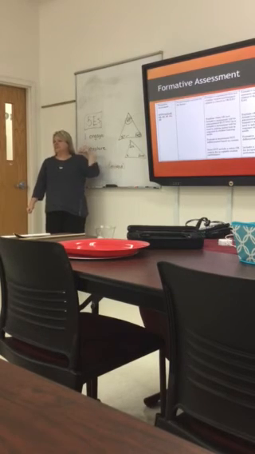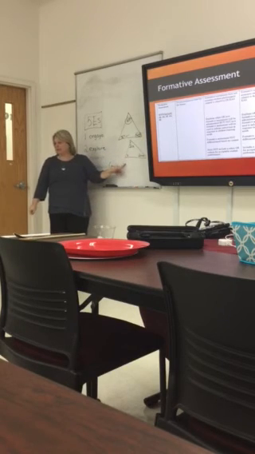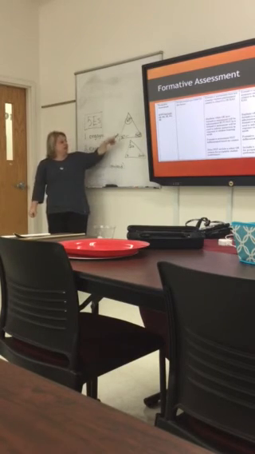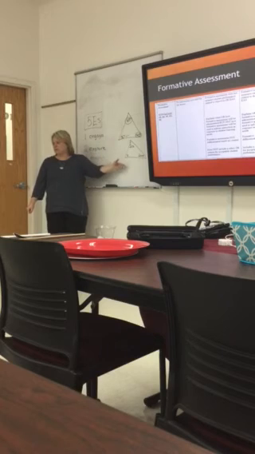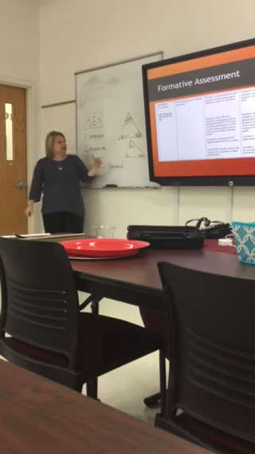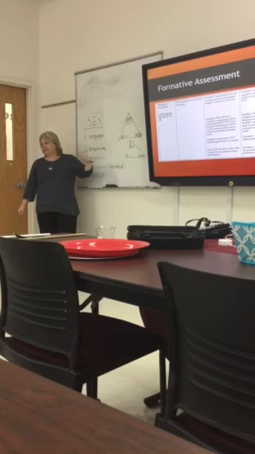So if you're assessing your students with a question like this, but your objective was that they find that missing angle, you're really not assessing what your aim was. So make sure that whatever level you're teaching toward, you're assessing toward that same level.